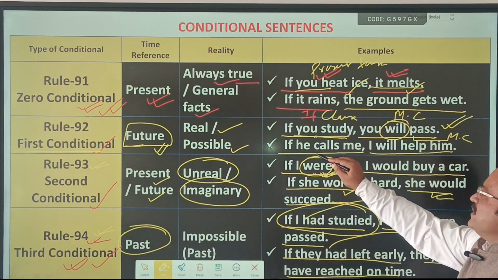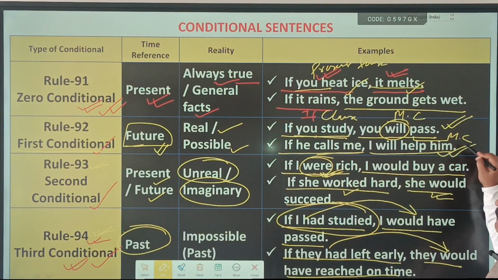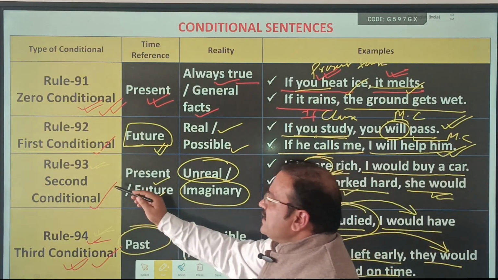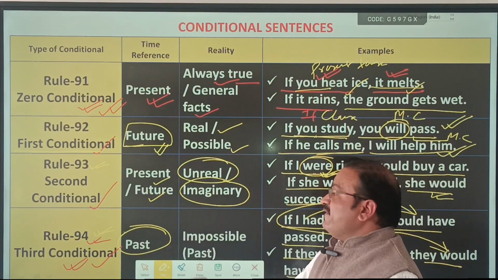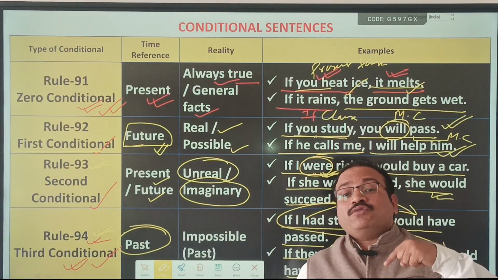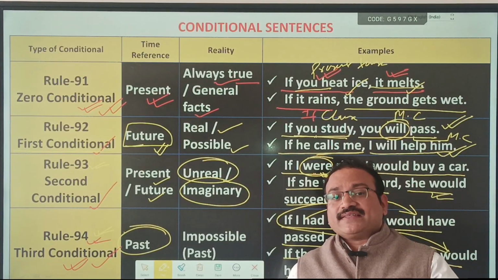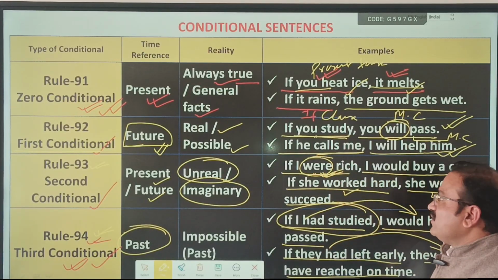If clause in present tense, main clause in future tense. Then next is rule number 93, second conditional sentence. It talks about present and future both, but about imaginary hypothetical situation. कल्पना की दुनिया में ये बात करता है.